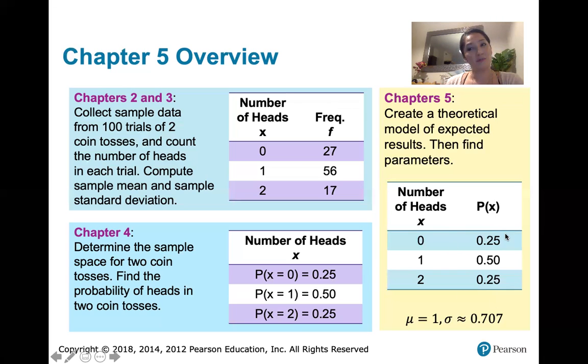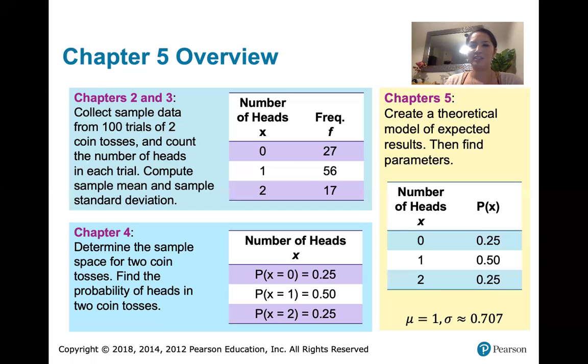And then we said, oh, since probabilities are based on expected results for the entire population, when we compute the mean and standard deviation here, we're not actually computing a sample mean and a sample standard deviation. We're computing the population mean and the population standard deviation. So those are population parameters, whereas over here in chapters 2 and 3, we calculated sample statistics.